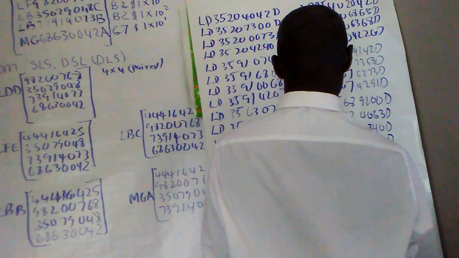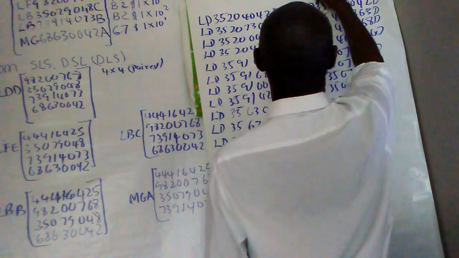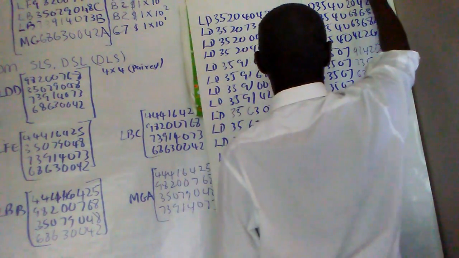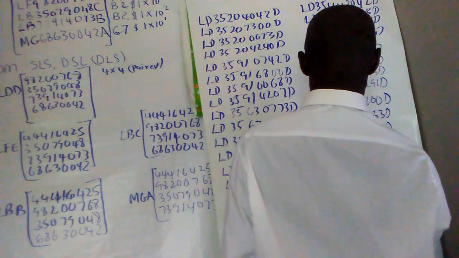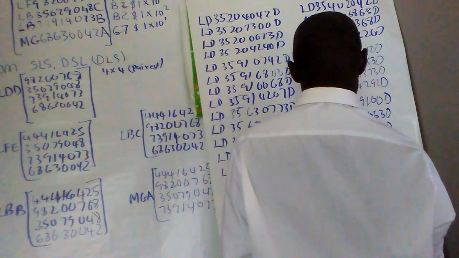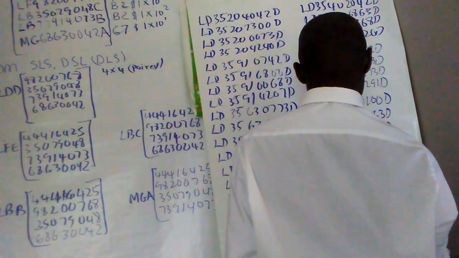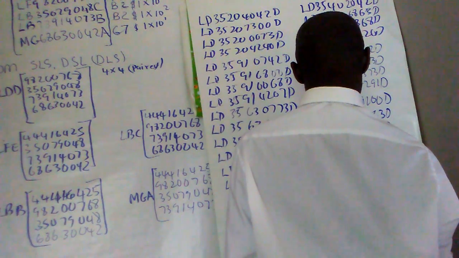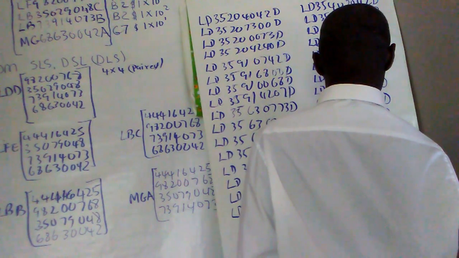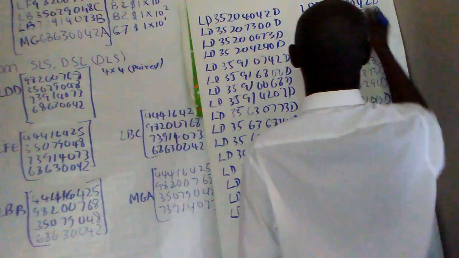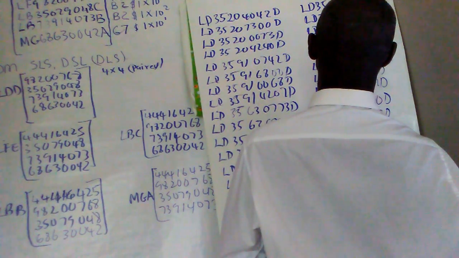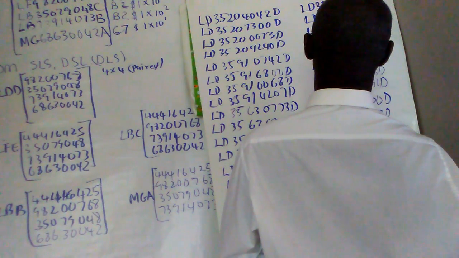Next one will be LD 35. No, something is not right here. 60. Oh, yeah, it's right. 68, 73. Next one will be 73. And so the next one will be 2000. 76, 63. No, not 76. With 07.